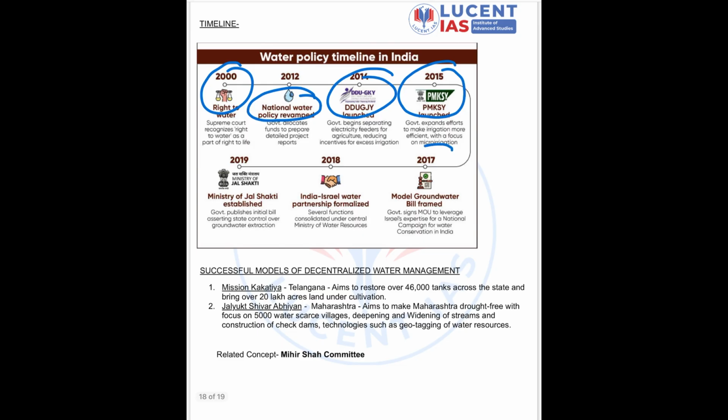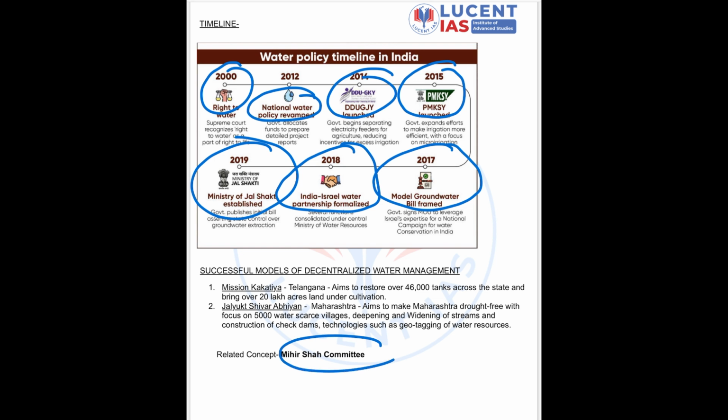In 2017, the Model Groundwater Bill was formed. In 2018, the India and Israel water partnership was formalized, and in 2019, the Ministry of Jal Shakti was established. So this is the water policy timeline in India. Also remember the Mihir Shah committee, which is related to water policy in India. Clear?